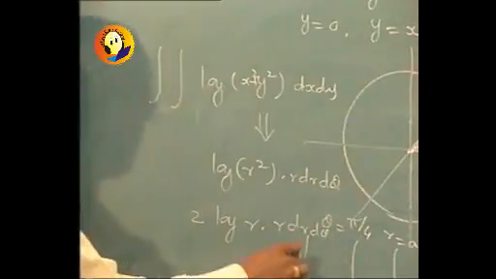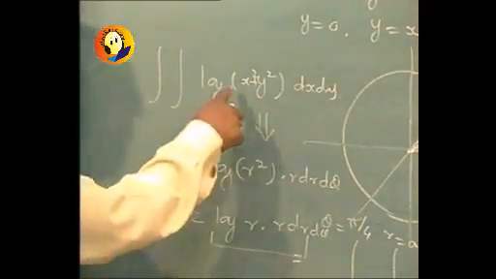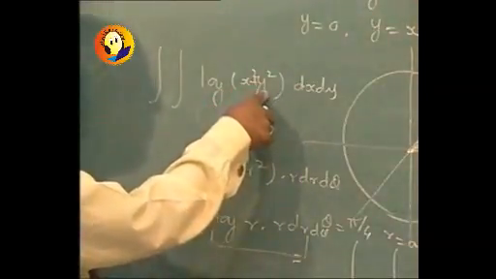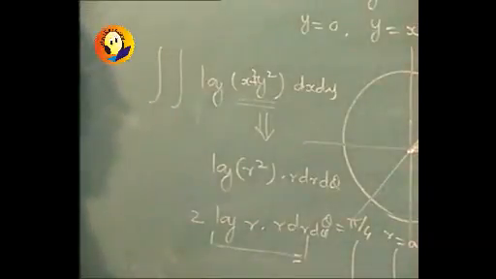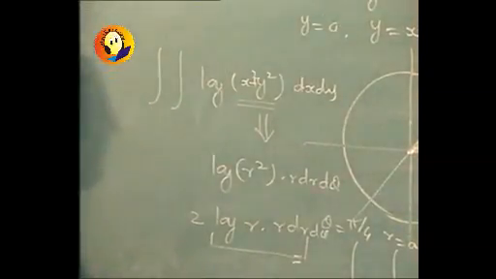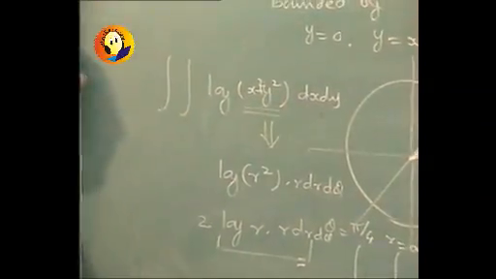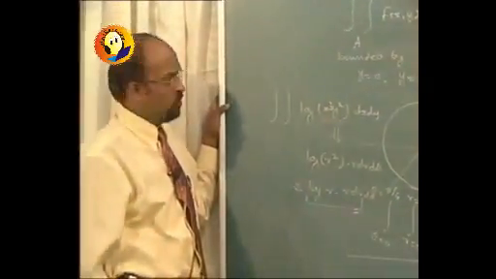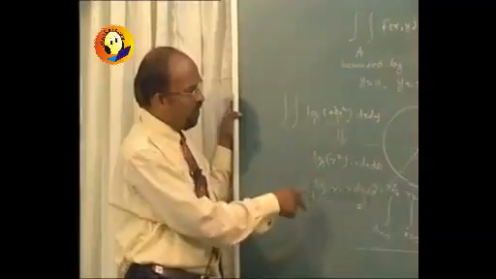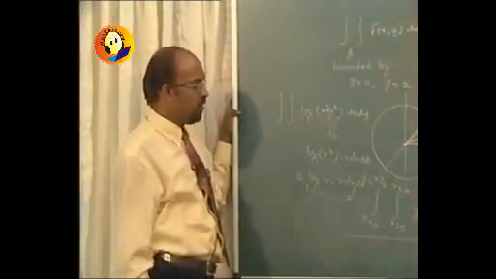Of course this is integrable with respect to r, whereas if it would have been simply log of x square plus y square, then we have no means by which the integration can be carried forward, because we cannot adjust any variable like y or x to adjust the differential term of it and proceed further, neither do we have any formula for integrating log of f x. So these are the cases where we are required to shift to the polar coordinate system, and the integration will be the simpler case.